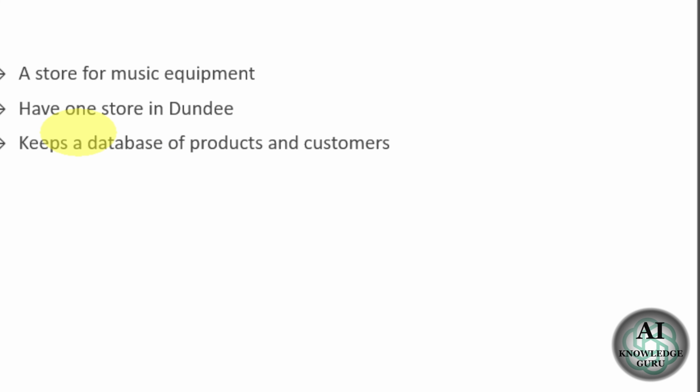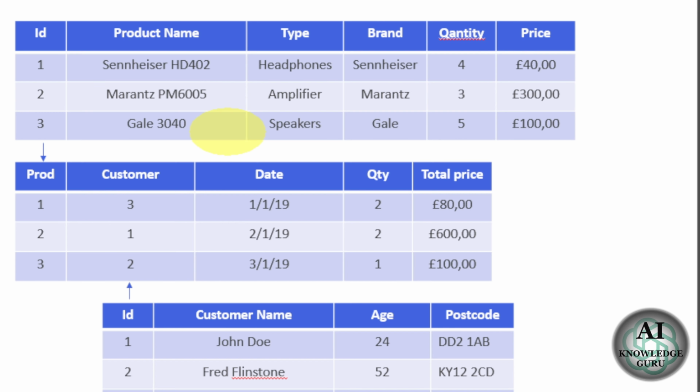For example, if it's a music shop, there will be data stored in terms of the customers and products, that what product we have, what customers we have. But every business has different data. So for example, this is the ID, product name, sorry, type, brand, quality, quantity, price.